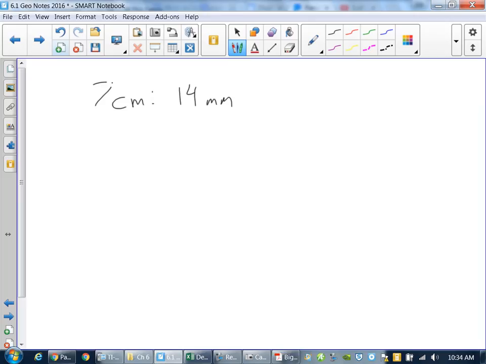What do you have to multiply the centimeters by to turn it into millimeters? 10. So this is the same thing as saying 70 millimeters to 14 millimeters, and then you can simplify your fraction. I believe this works out to be 5 to 1.